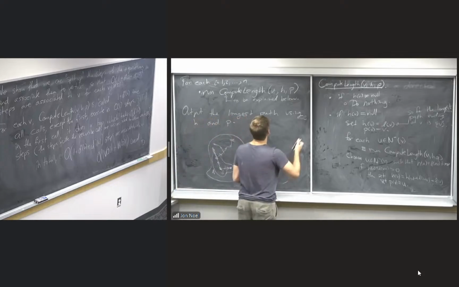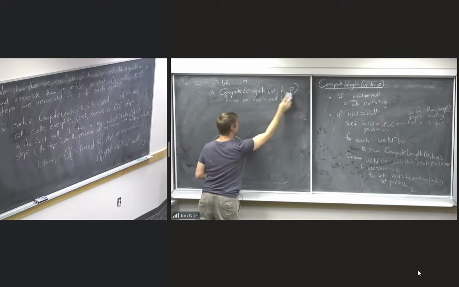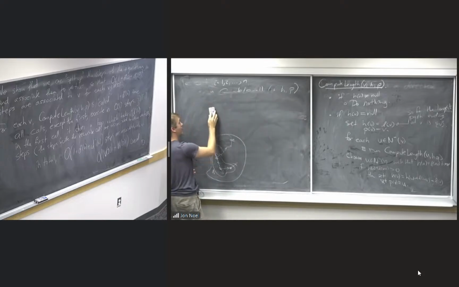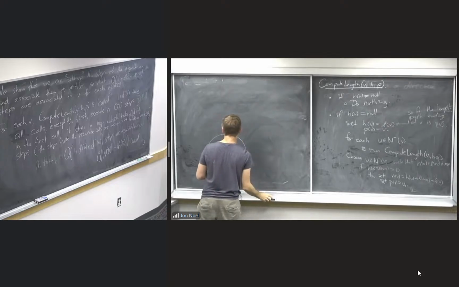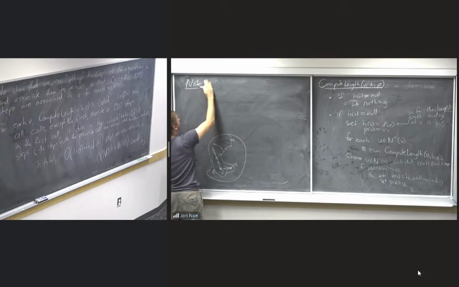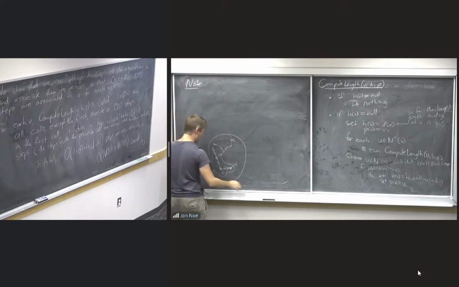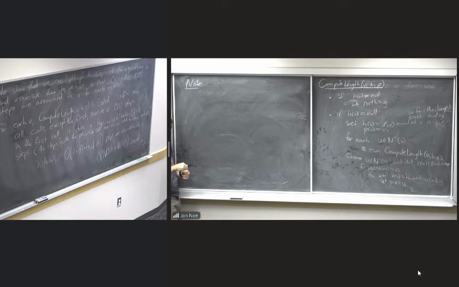So this allows us to solve this longest path in a DAG problem. Now that we've solved this, if you could take another problem and reduce it to finding the longest path in a directed acyclic graph, then you've just solved that problem.